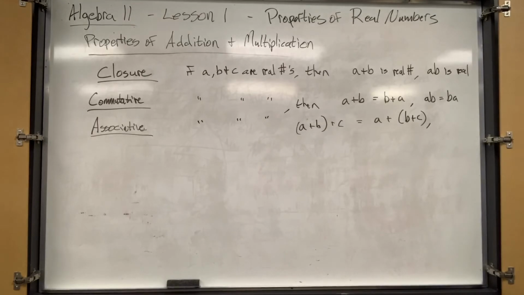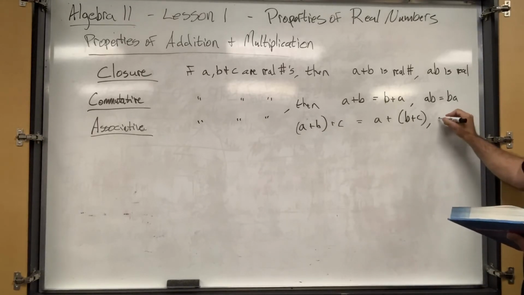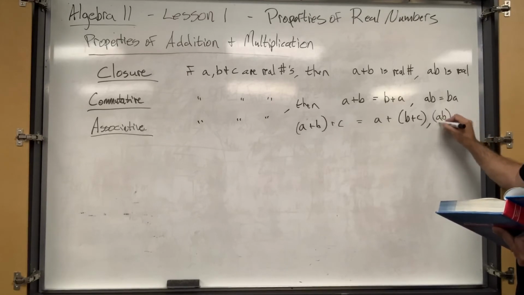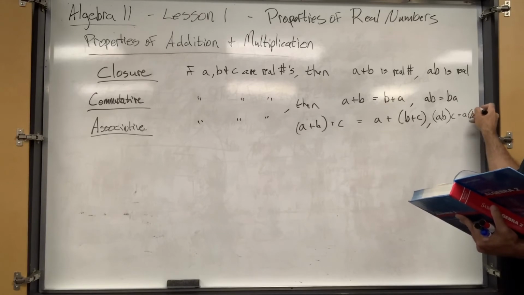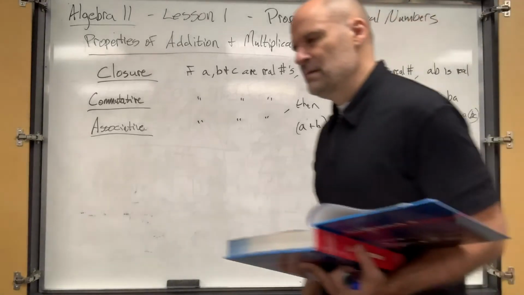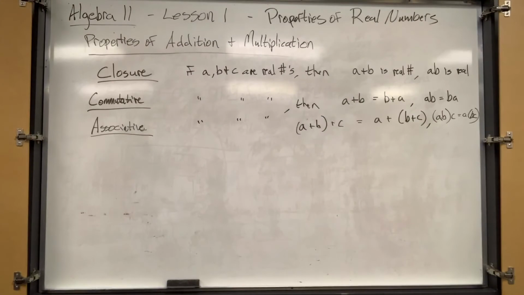So it doesn't matter what you add first, you'll come up with the same result. Same thing with multiplication. AB times C equals A times BC. Hopefully you can read that. You can probably guess what it is anyway.